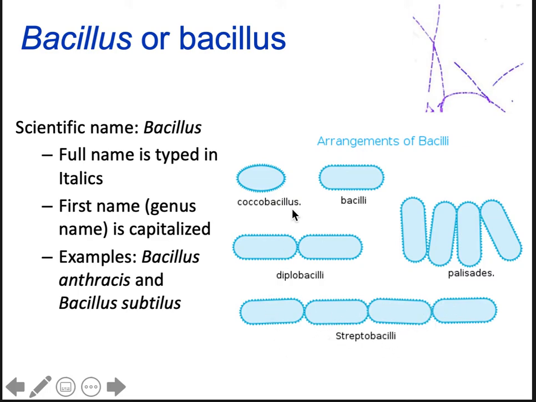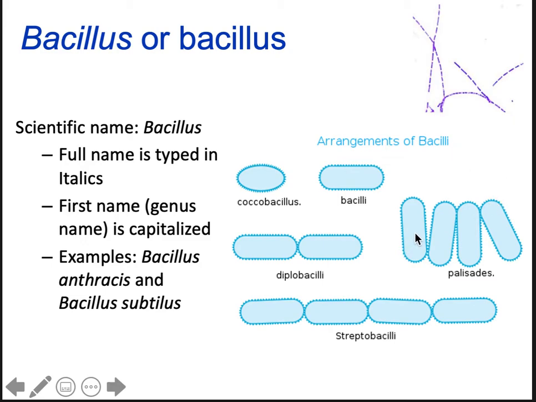Okay? If you have an in-between, something that's not completely round and not completely rod, we call it cocobacillus. Otherwise, we call it a bacillus. Now, sometimes these rods can be very small, and they can also be quite large for bacteria, like in Bacillus subtilis. So you'll see some differences when you look at different images or samples.